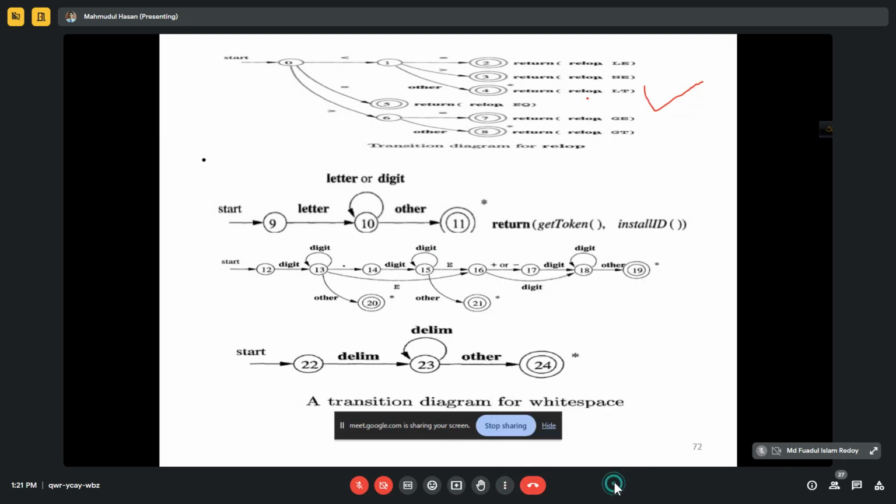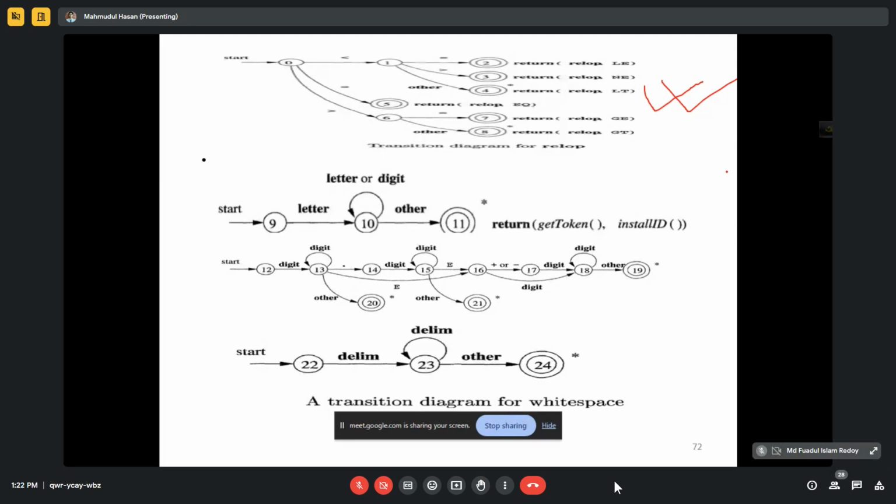Okay. So this one is the transition diagram. Sir, in the code, suppose case 0. I want to ask, sir, what is state 1?